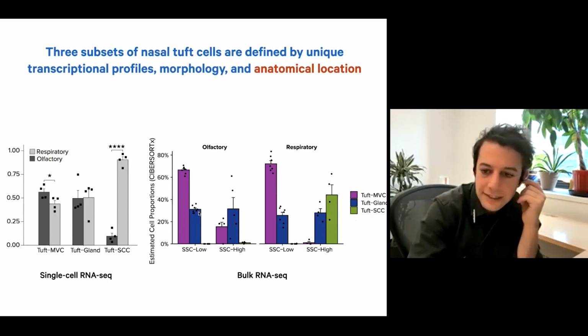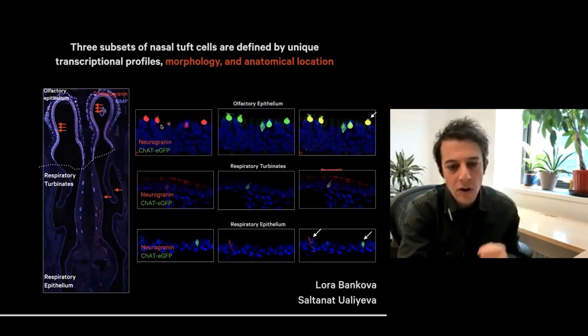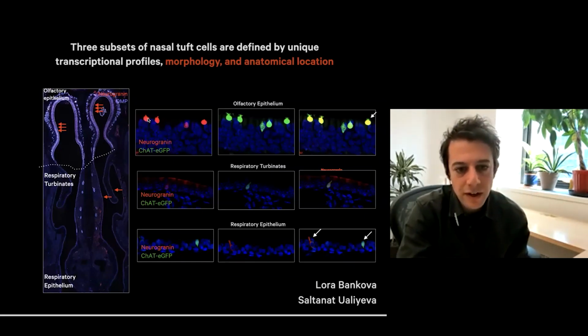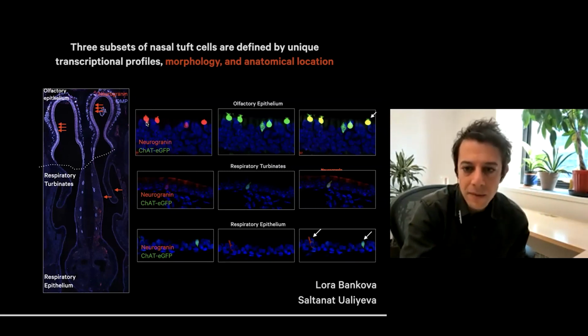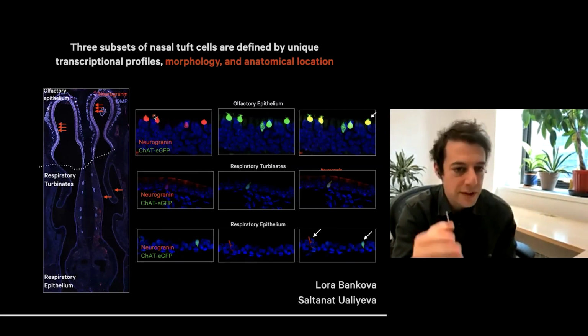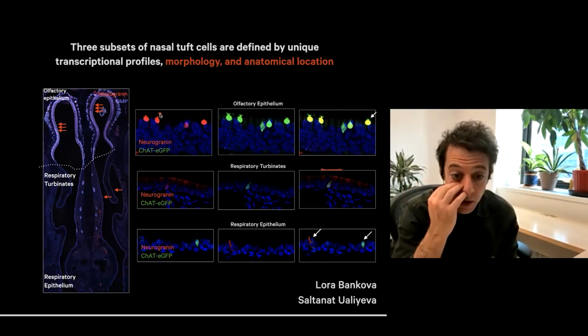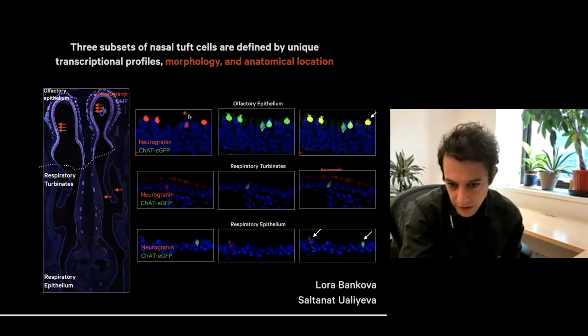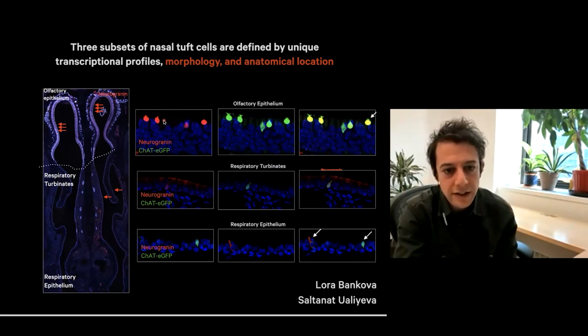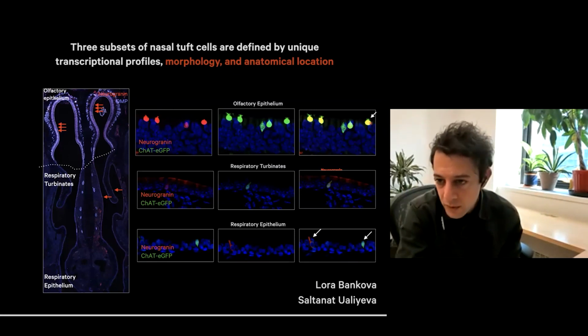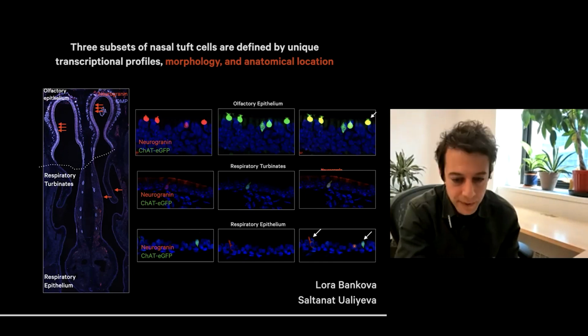And this was sort of surprising because it was known that these sort of pomegranate-shaped tuft cells, which were previously called TRPM5 positive MVCs, exist in the olfactory epithelium, but it was not known that they exist in the respiratory epithelium as well. So that's something I sort of glossed over, that there is this important morphological difference between these round globular tuft cells that are majority olfactory epithelium and these more elongated tuft cells, which appear only in the respiratory epithelium.